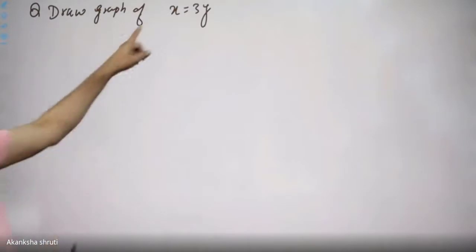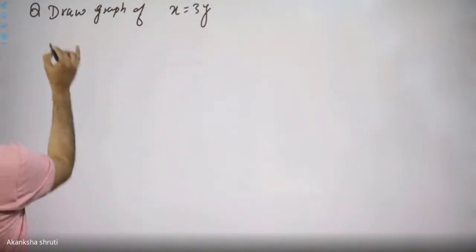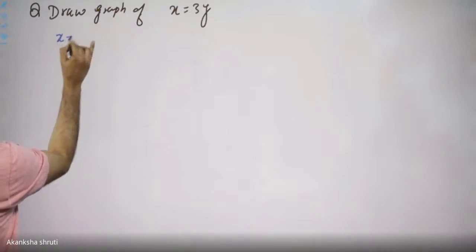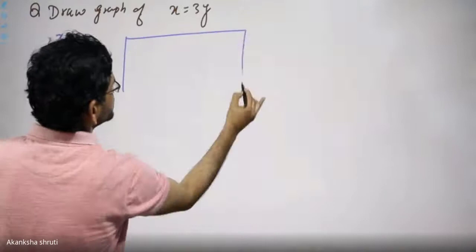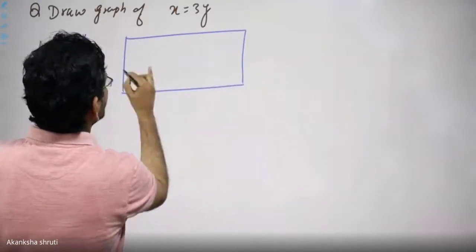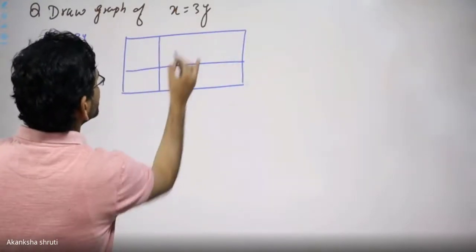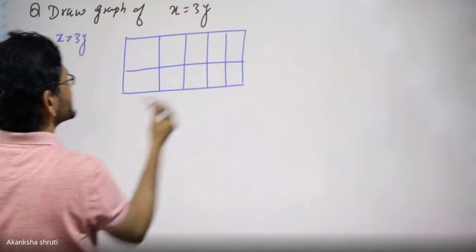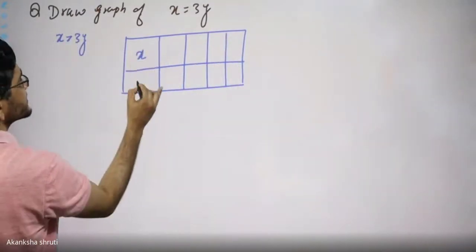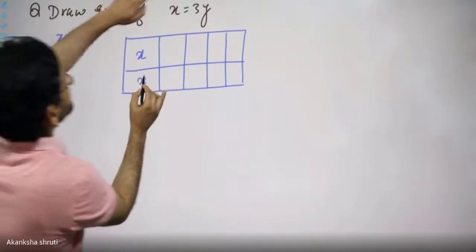Students, we have to draw the graph of x equals 3y. Again the same thing, the equation is x equals 3y. We have to tabulate some of the solutions. So make a table. Choose the values of x and y as per your convenience and fill this table. Take this x, write the y here.